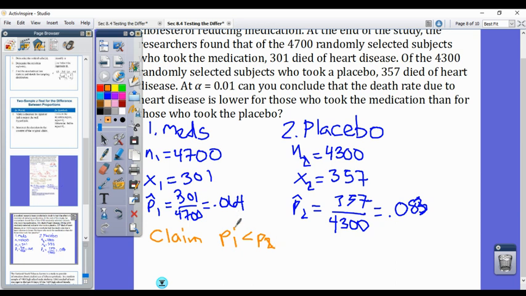This is our alternative hypothesis. And there's our null. So this is telling me that I've got a left-tailed test.